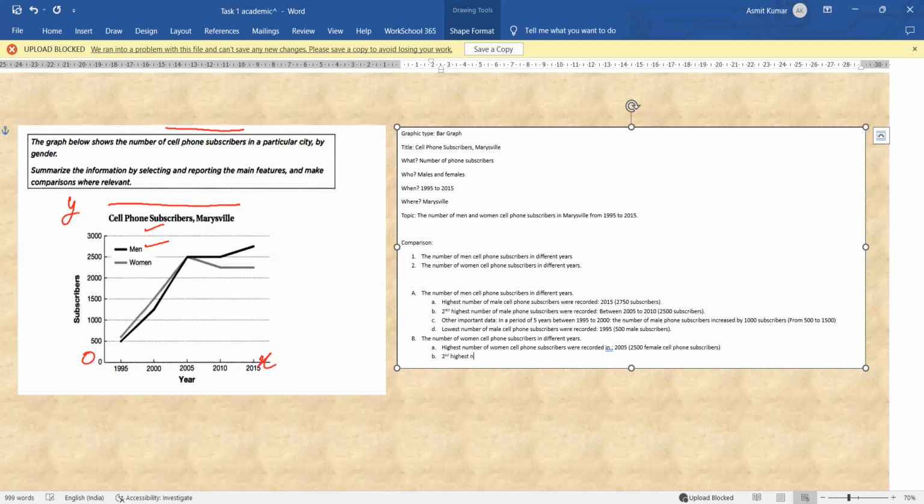Coming to the second one, second highest number of women cell phone subscribers were recorded in, here second highest were recorded between 2010 to 2015.